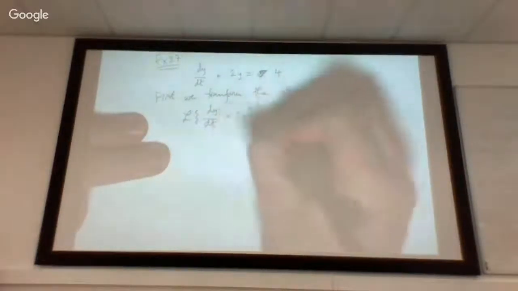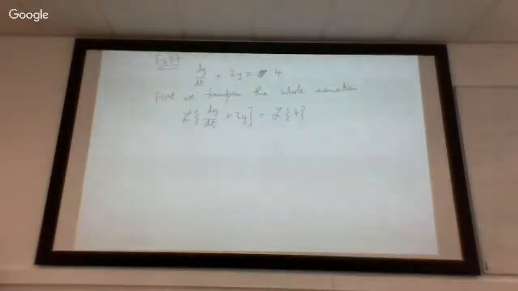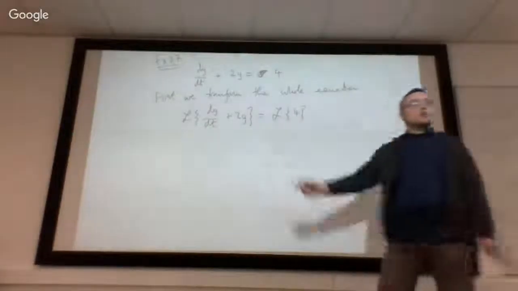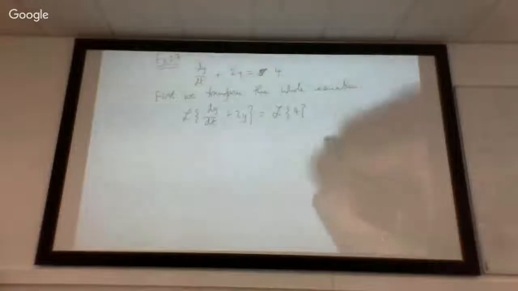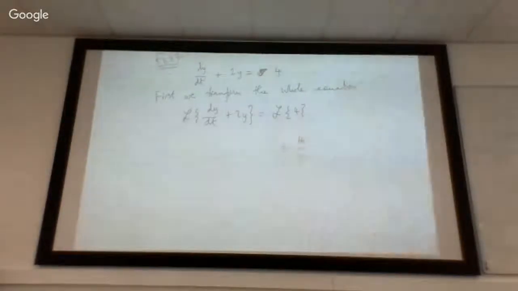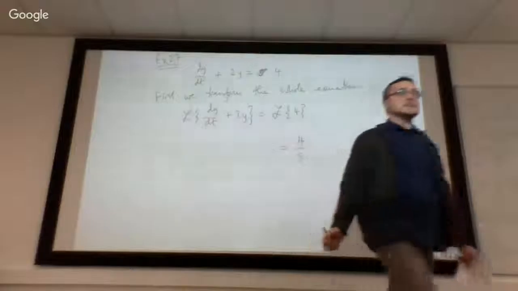So we're literally taking the transform of the whole left-hand side and putting that equal to the transform of the right-hand side. The transform of the constant 4, we know, that's 4 over s.